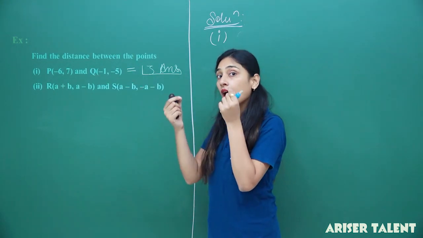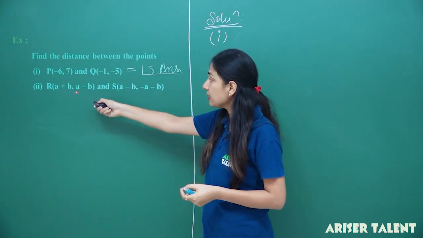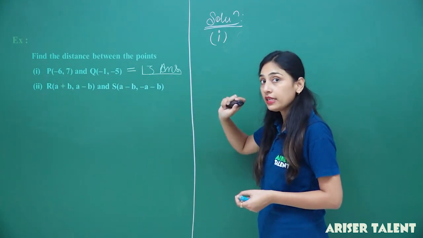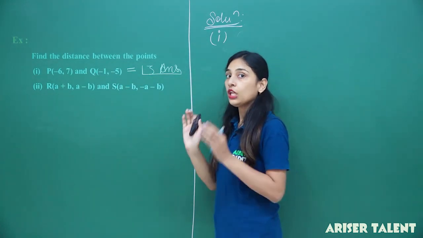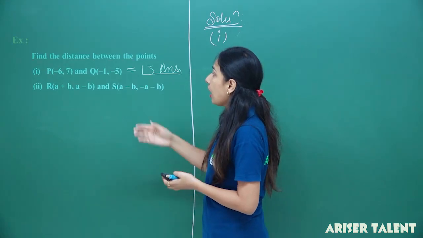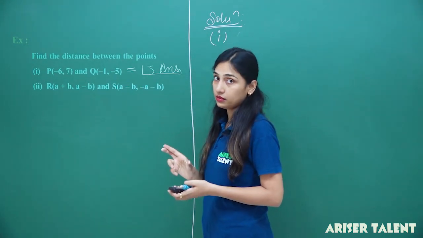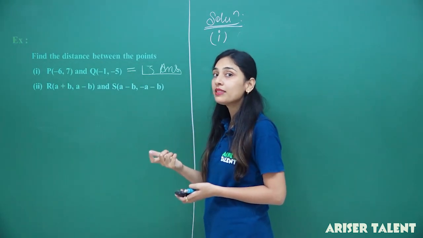So x1, this is y1, this is x2 and this is y2. Understood that? Now we have to find the distance between points R and S, that will be RS, and the formula will be the same.